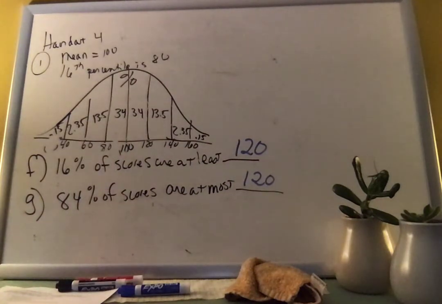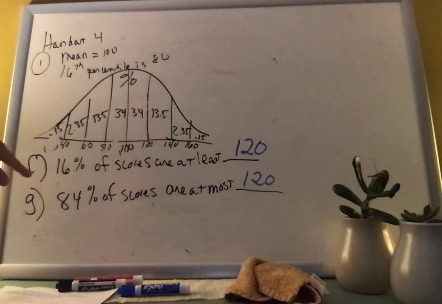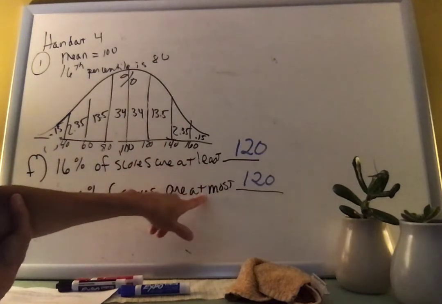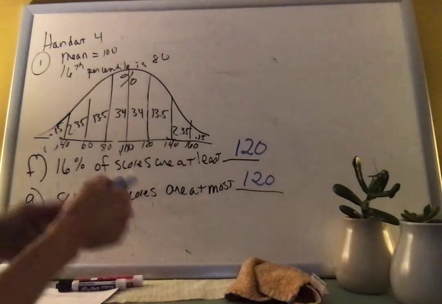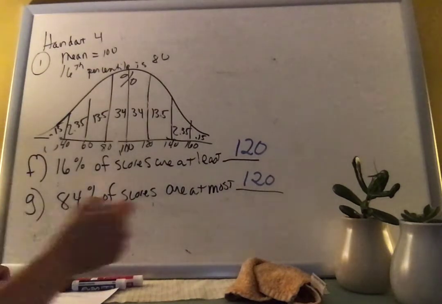Please make sure you really truly understand this is not coincidence. I designed this on purpose. They had to be the same answer, because think about it. At least means go bigger. At most means go smaller, right? 16% and 84% equal 100%.